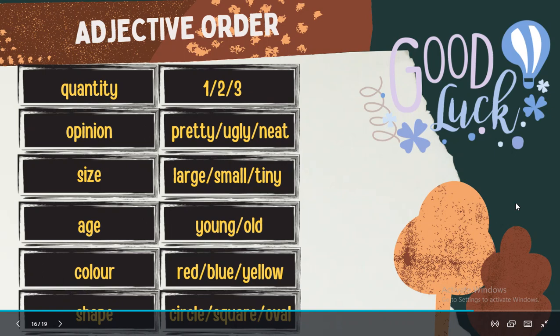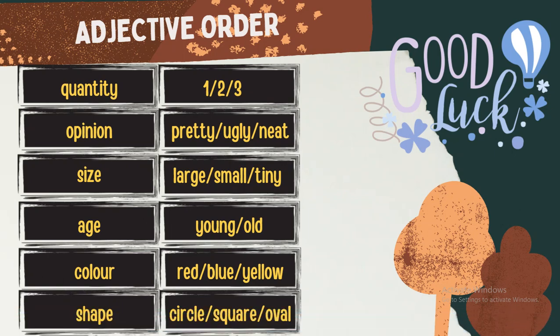Okay. So now we are going to look at adjective order. I'm going to just put this a bit. Okay. We are going to learn this better later on. Okay, adjective order we follow by quantity, opinion, size, age, color, shape. The simple example is like this.